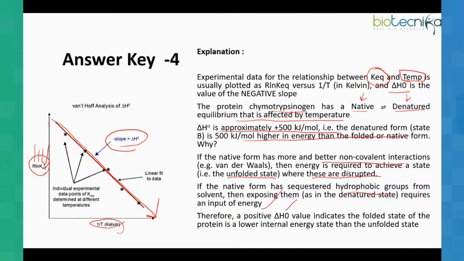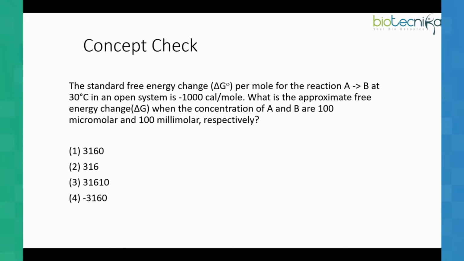That is why a positive delta H0 value indicates that the folded state of a protein is a lower internal energy state than the unfolded state. That is why protein folding is favorable, because by folding the protein, energy is decreased, and whenever energy is decreased, it's a favorable process. Yes, you are right, correct, Satyam. That is the correct method: plot KEQ against temperature.